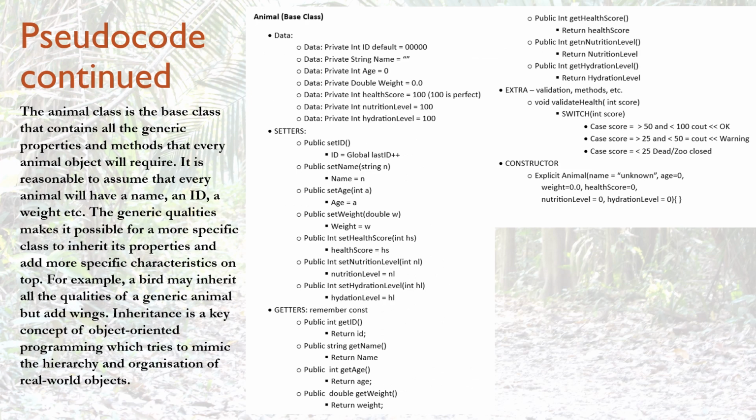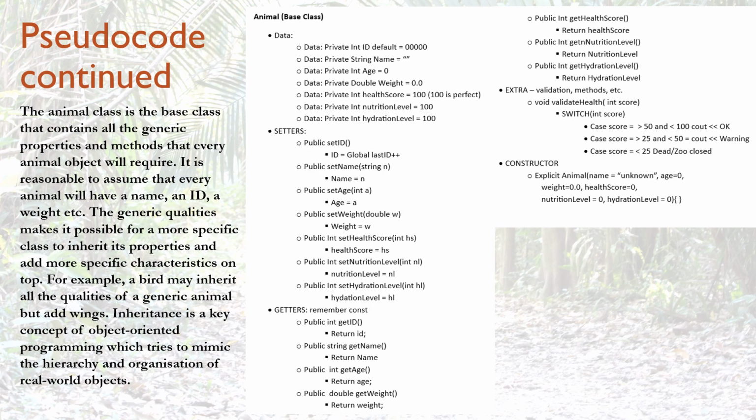The animal class is the base class that contains all the generic properties and methods that every animal object will require. It is reasonable to assume that every animal will have a name, an ID, and a weight. The generic quality of these properties makes it possible for a more specific class to inherit its properties and add more specific characteristics on top.